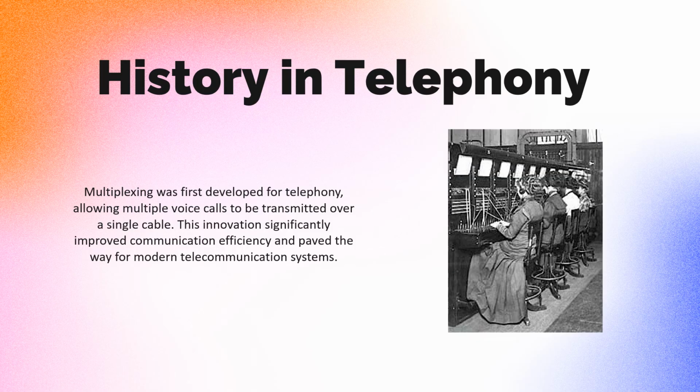In the next slide, we can see the history in telephony. So multiplexing was first developed for telephony. We have read it earlier, allowing multiple voice calls to be transmitted over a single cable. These innovations significantly improved communication efficiency and paved the way for modern telecommunication systems. Here in the picture you can see an old generation telephone company and the multiplexing systems in it.